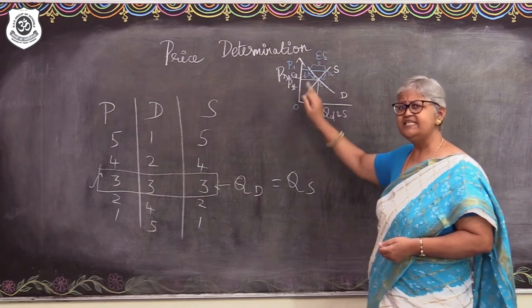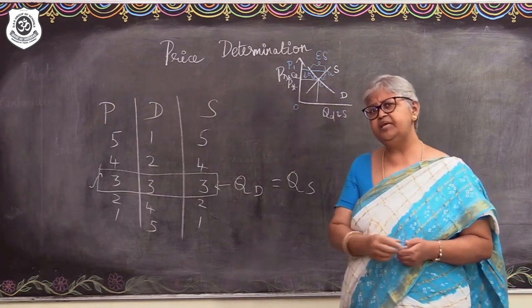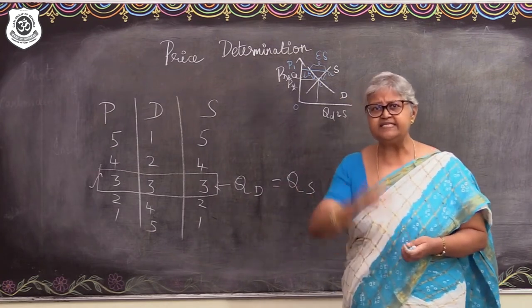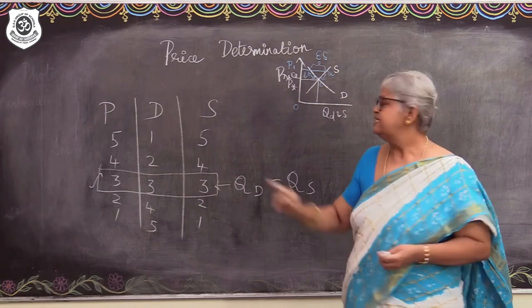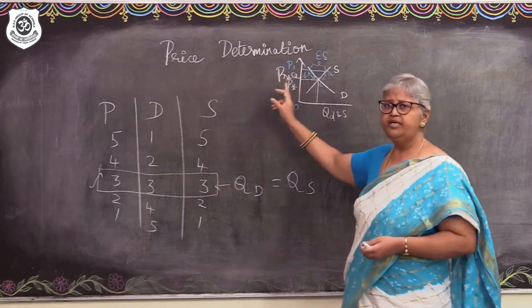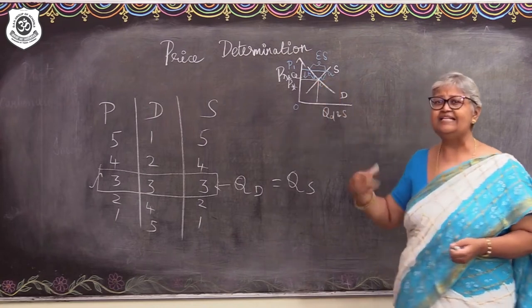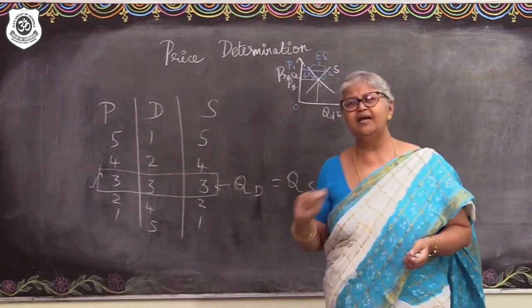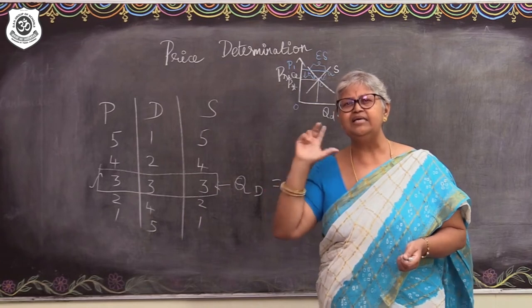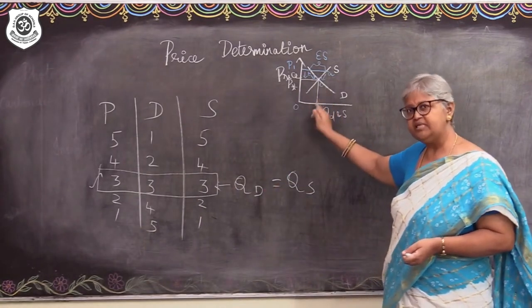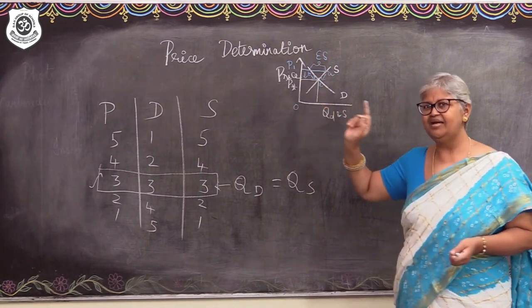Fine. So what is happening when the price is going to be higher than that of the equilibrium price? If the market price is going to be above the equilibrium price, there would be an excess supply and a chain reaction. So the market price will get back to the equilibrium at P star, and the equilibrium will be attained at E, right?